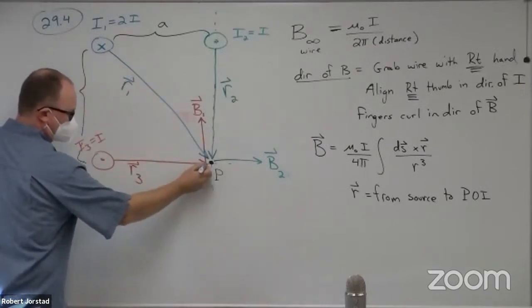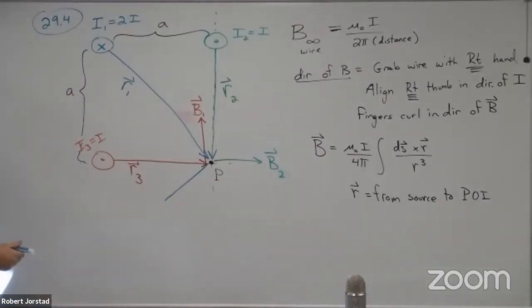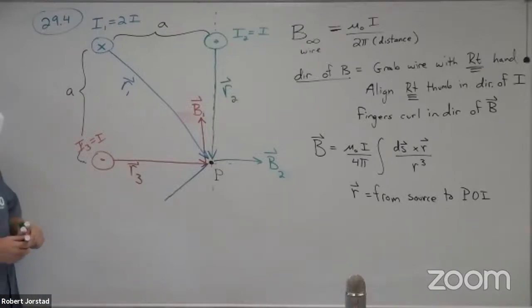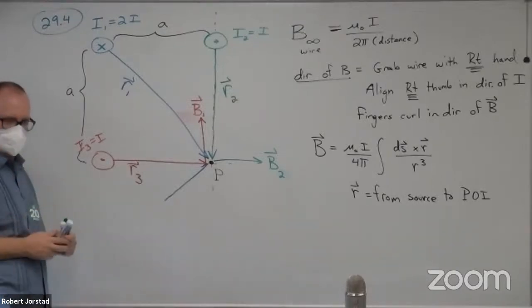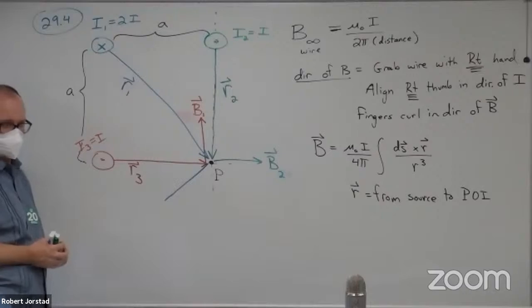is everybody okay with the direction of the B field? You think this B field is going to be bigger or smaller than 1 and 2? 1 and 2 should be the same size, same current, same distance. But what about this one? Bigger or smaller? What? There's more distance. Is there also more current? Which factor is dominant?